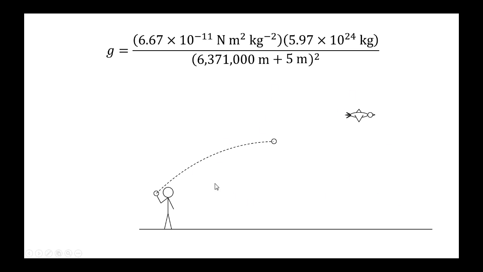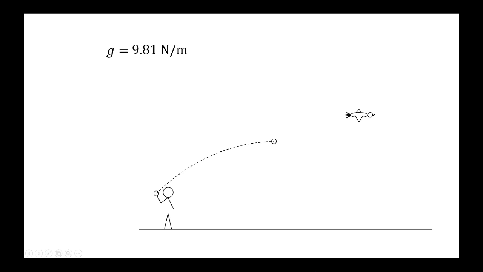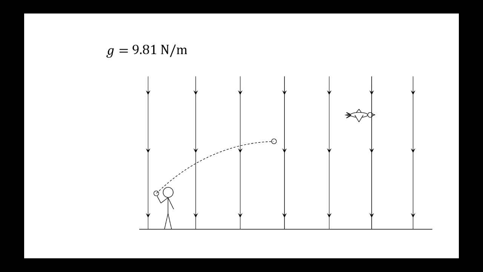Everything near or at the surface of the Earth will always experience about 9.81 newtons per meter as the value of g. And this is why we say, at the surface of the Earth, there is a uniform gravitational field directed down, and we could draw it with evenly spaced field lines.